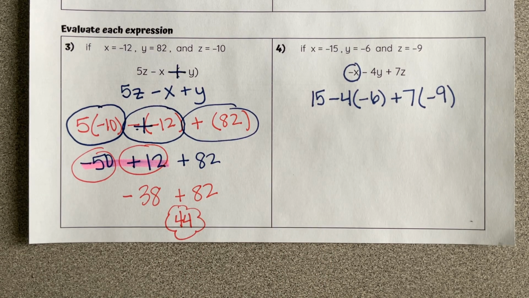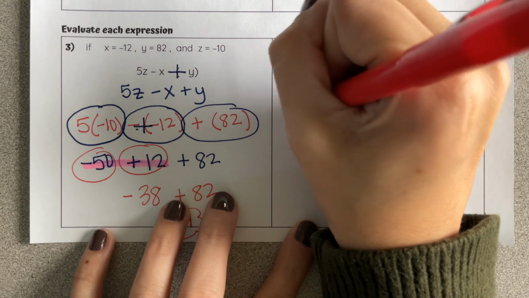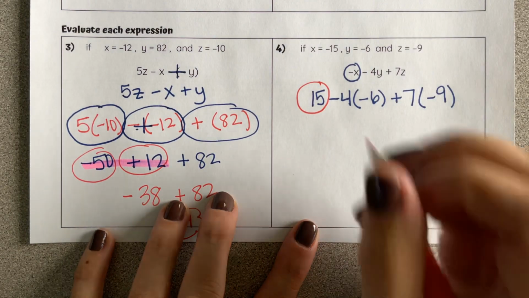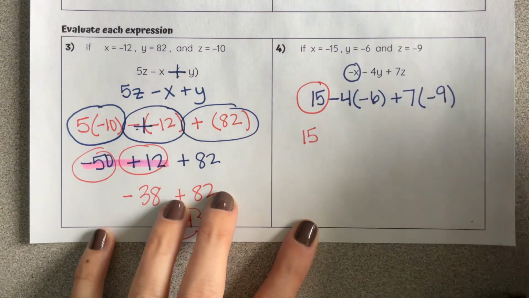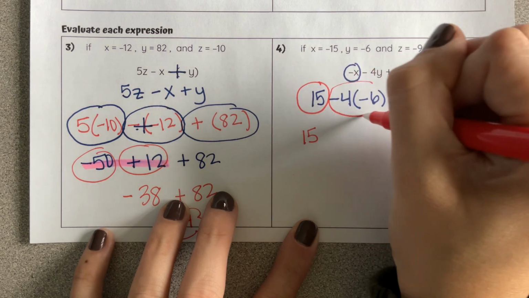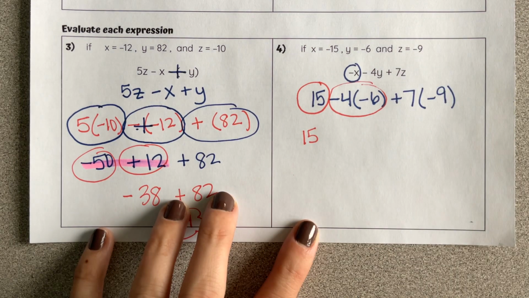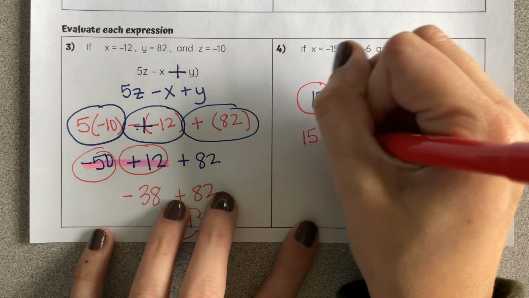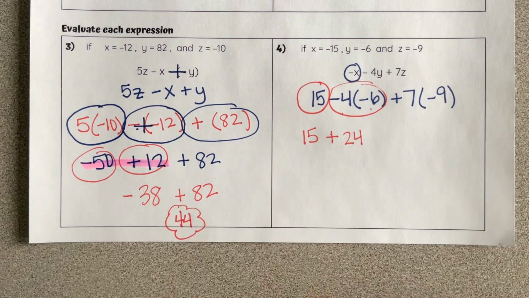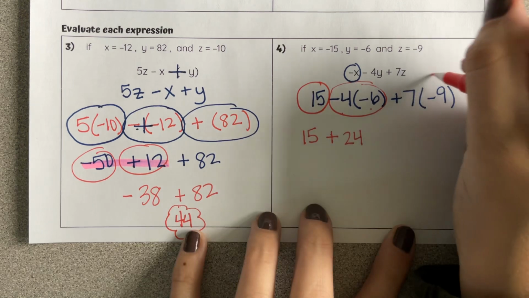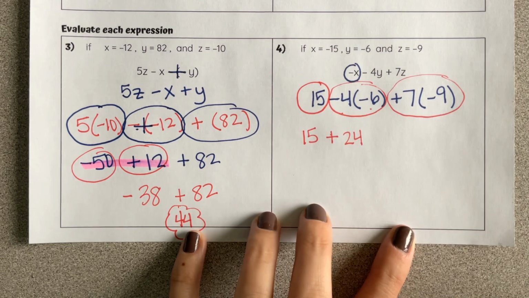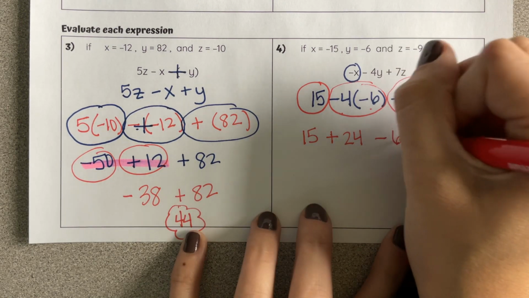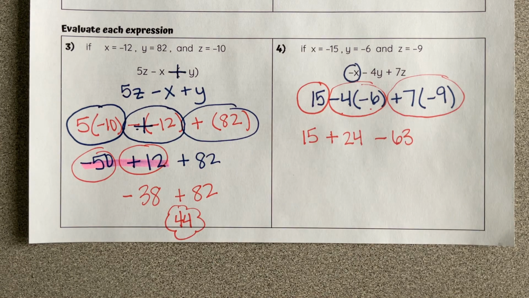Now we're going to simplify. This 15, we already kind of simplified that. That's staying as 15. Over here, grouping in the subtraction with it, we are doing negative 4 times negative 6, which is positive 24. And then here we have a positive 7 and a negative 9, which is negative 63.